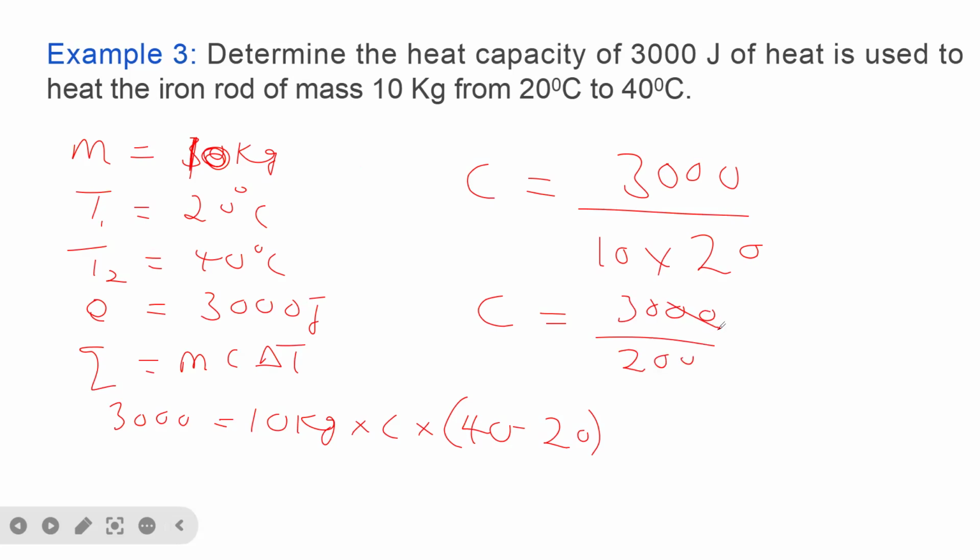So we have 30 divided by 2, which is 15 joule per kg per degree centigrade. So this is the answer.